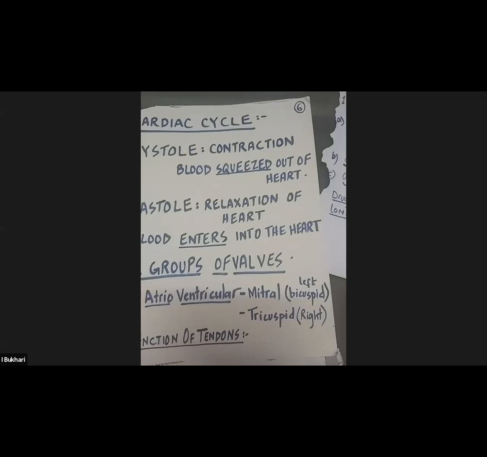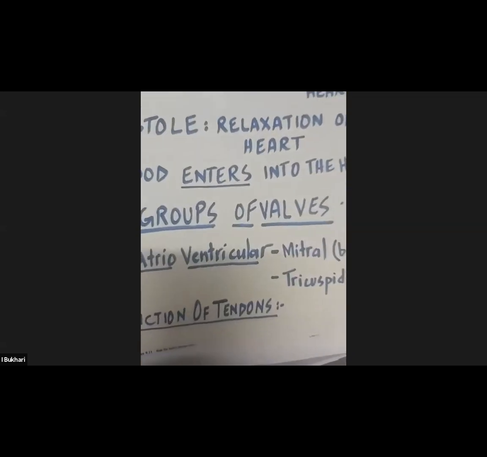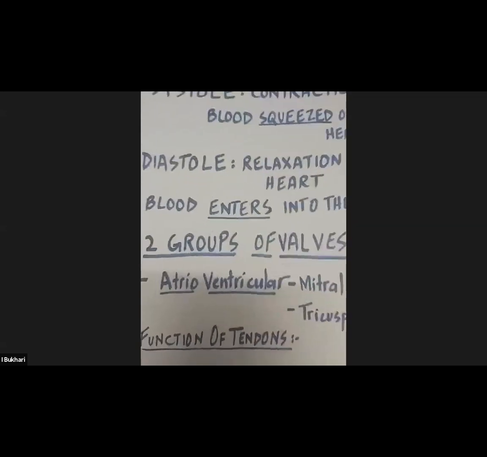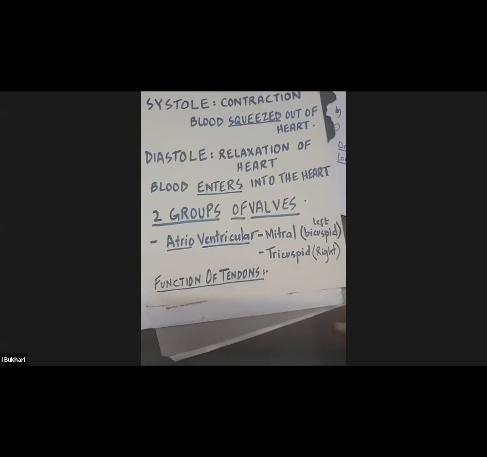Tricuspid has three flaps of tissue. That's why they're called tricuspid and bicuspid. Now, if you ask me why the mitral valve is bicuspid and why the tricuspid is made up of three tissues, again, I will have to find out.